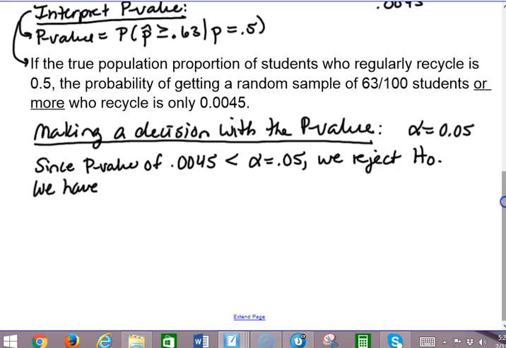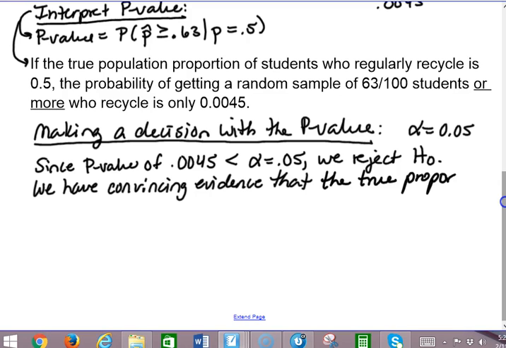We have convincing evidence that, and this is our evidence about the population, remember, we're testing a claim about the population. We have convincing evidence that the true proportion, or the population proportion, the true proportion of students at this high school who regularly recycle is really greater than 50%.